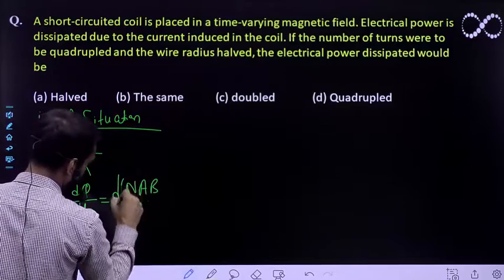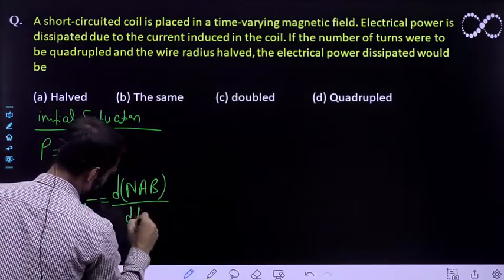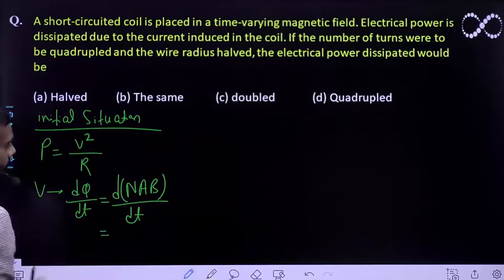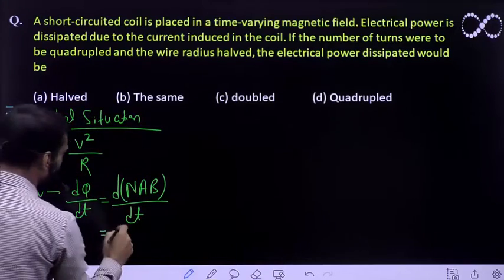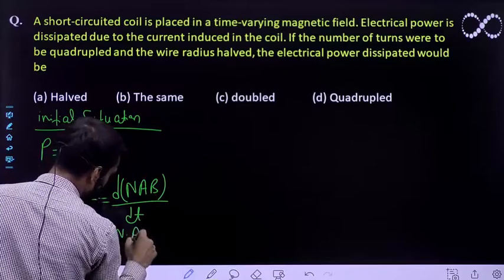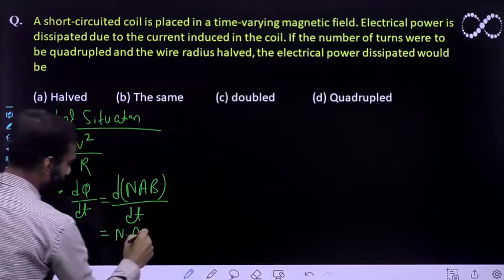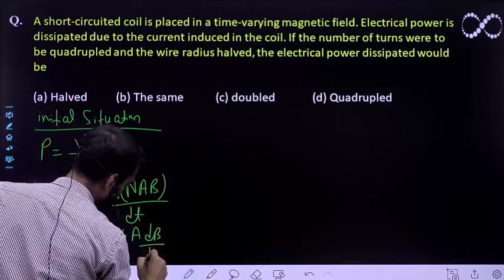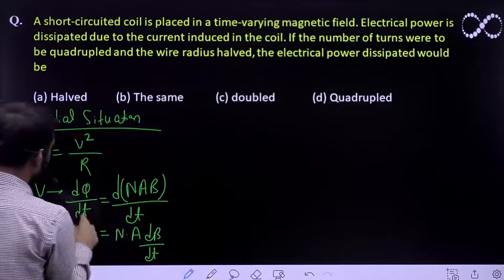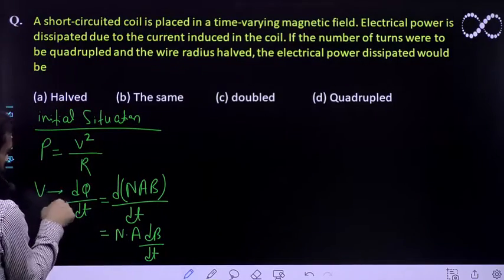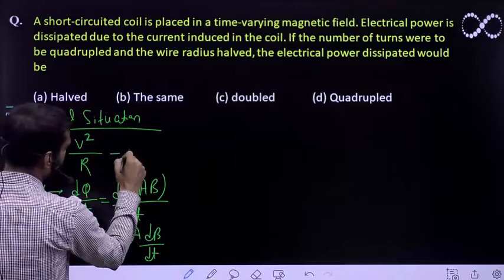So d phi upon dt. Since N and A will remain constant, N and A can be taken outside. N is the number of turns and A is the area of cross section, so this will become N A dB upon dt. So this will be the EMF induced. Now I can put this value in equation 1.